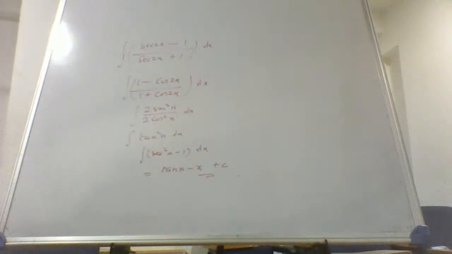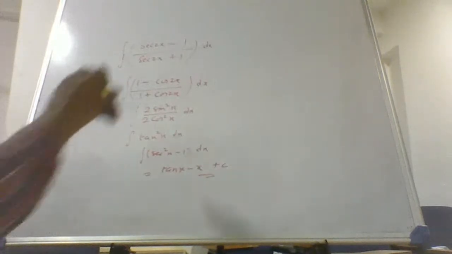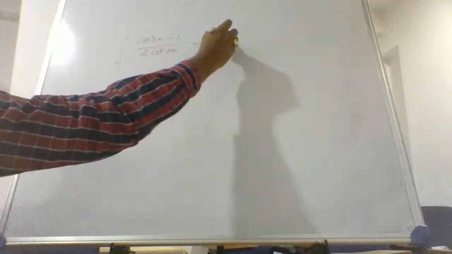Let us take up another problem. Let us see and try to solve as much as we can. Okay, let us try to integrate. I have the integration of (cot square 2x minus 1) divided by (2 cot 2x) minus cot 8x into cot 2x.